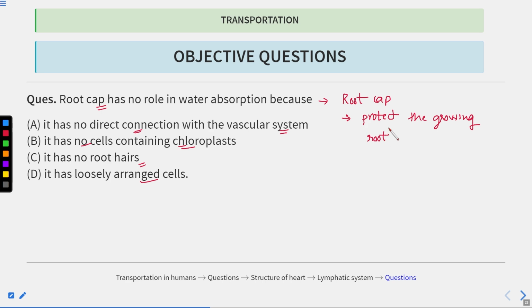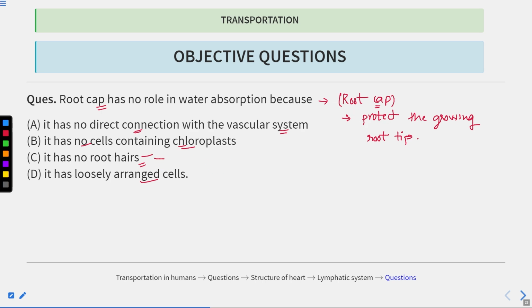Whenever the root grows downwards inside the soil, the root cap protects the growing root tip. Otherwise, it would get damaged because of mechanical or physical agents or the pressure in the soil. The root cap protects the growing root tip, and there are no root hairs present on the root cap.